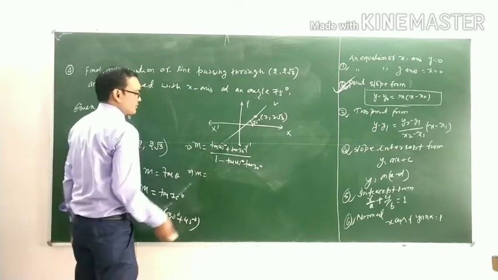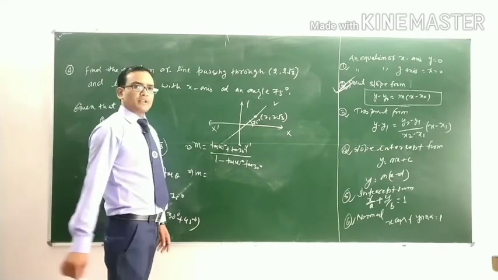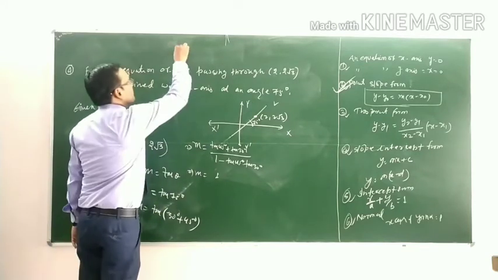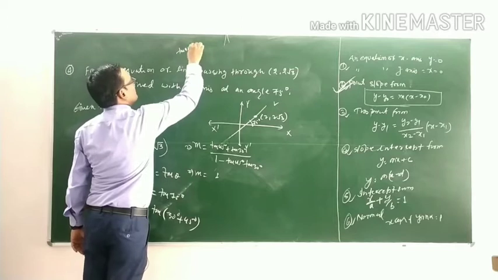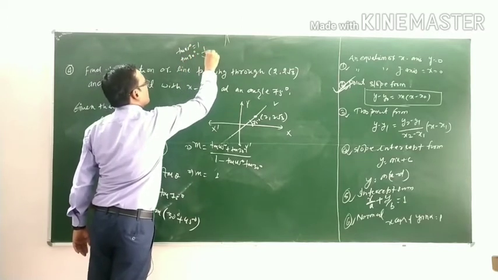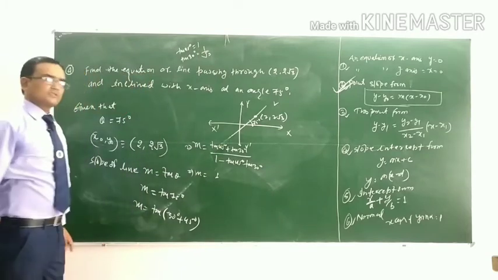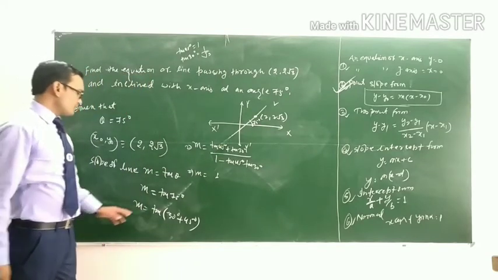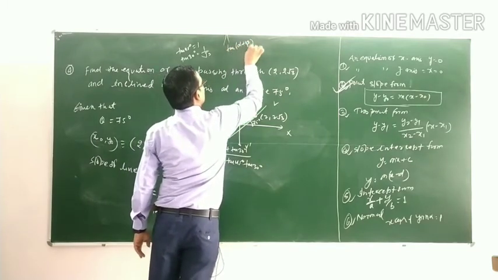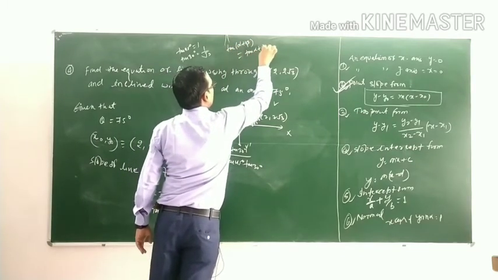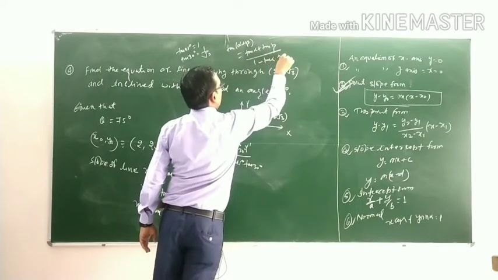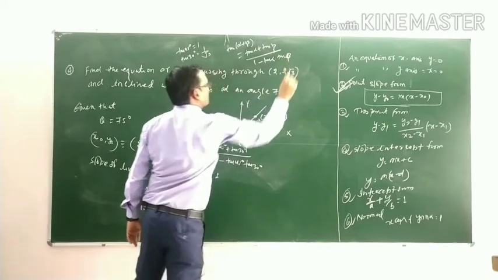The value of tan 45 degrees is 1 and the value of tan 30 is 1 upon √3.